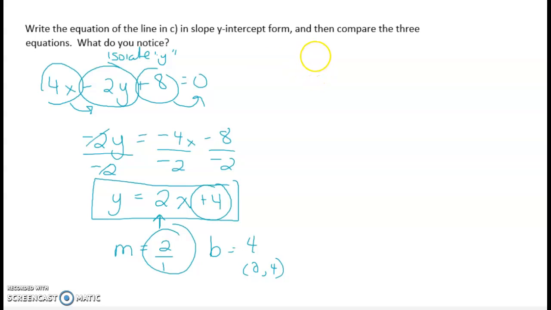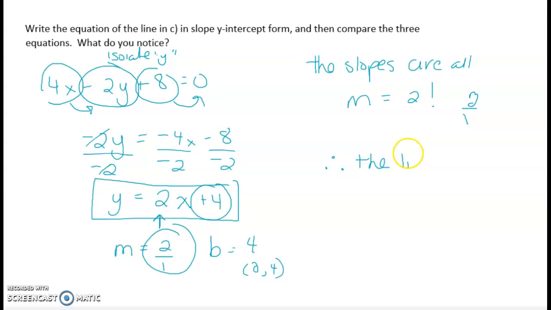Okay, so we notice that these slopes are all m equals 2, which means 2 over 1. Okay, and that means, therefore, the lines are parallel.